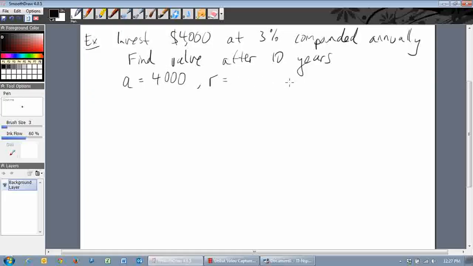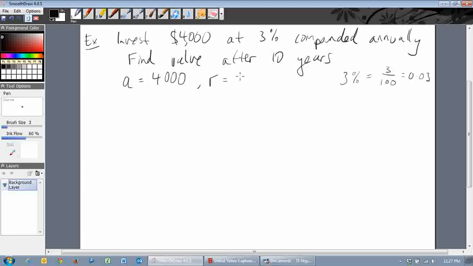What's the ratio? If something grows by 3% every year, how much will it grow by? It's a bit hard to think about. 3% means 3 over 100, which is 0.03, okay?